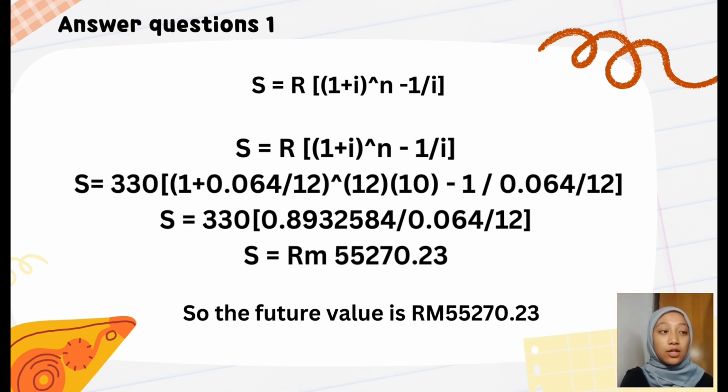So we get S equals 330 ringgit in brackets 0.8932584 divided by 0.064 divided by 12, close bracket. So we get the amount is 55,270 Malaysian ringgit and 23 cents. So the future value at the end of the investment is 55,270 Malaysian ringgit and 23 cents.